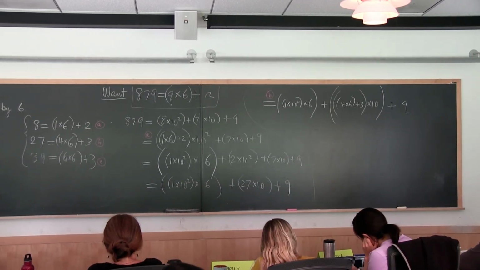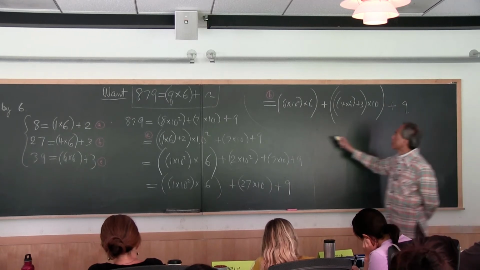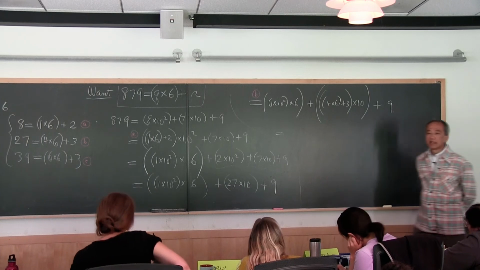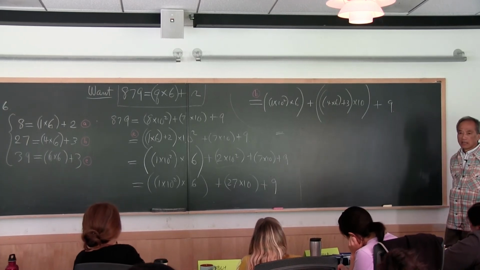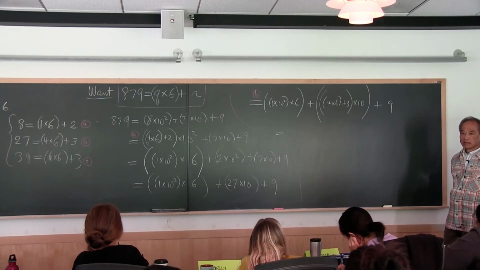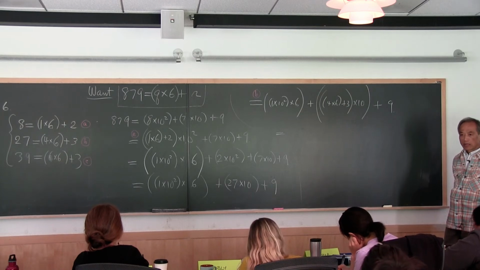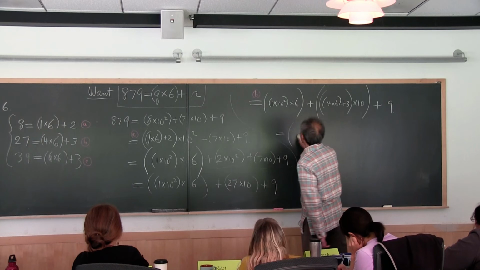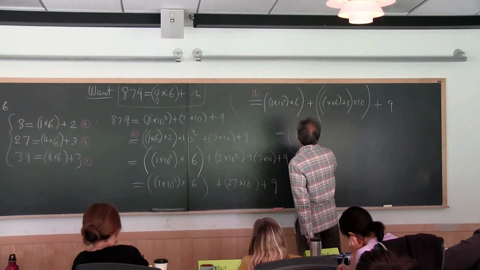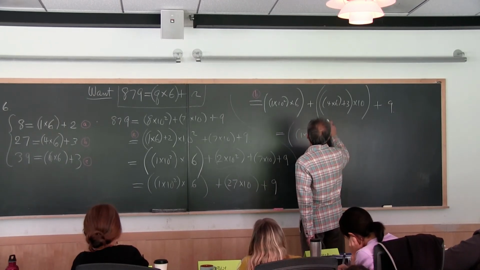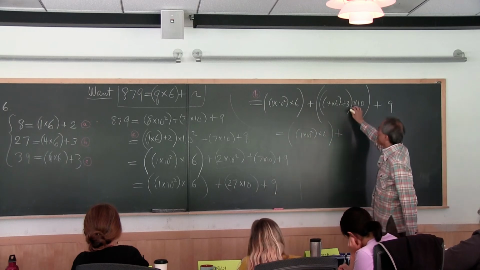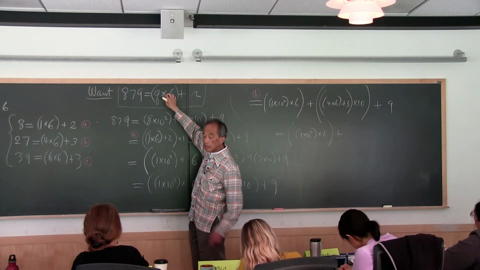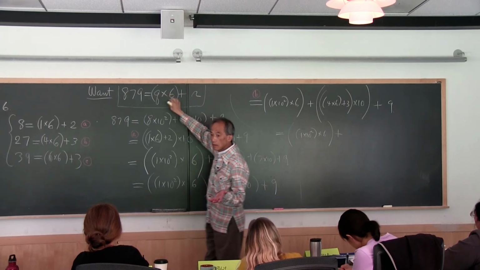Right, so now again, look at this. It doesn't look very tidy. And the reason you want it to look tidy is that if it's not tidy, it obstructs thinking. So you want to make it look tidy. You want to make it look like something like this. Right? If that's what you want, you should display the 6 prominently.